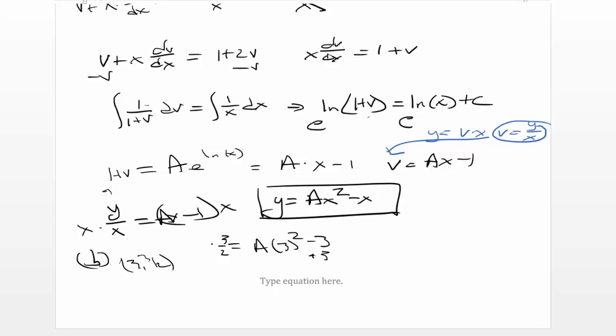Add 3 to both sides, or 6 halves plus 3 halves is 9 halves, is equal to 9a. 3 squared is 9, so a equals 1 half. Therefore, the particular solution, in this case, y is equal to 1 half of x squared minus x.